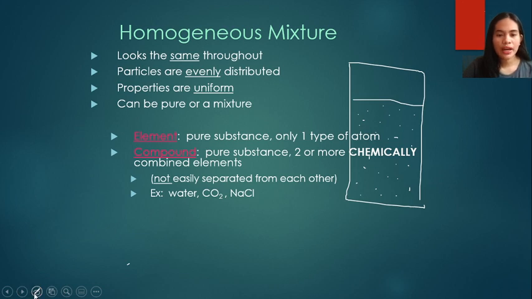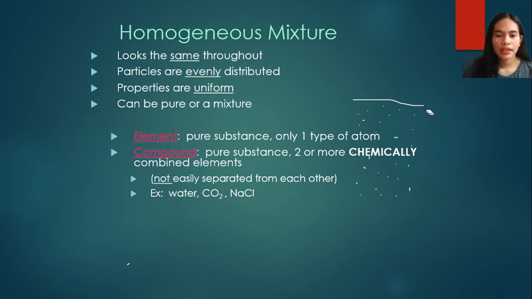We also have here elements. When we say elements, they are pure substances and they only contain one type of atom. We have agreed before that if it is a copper atom, all throughout the composition is all copper atoms.